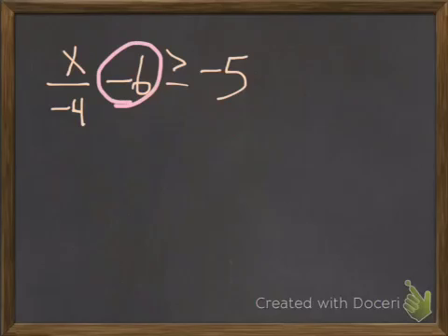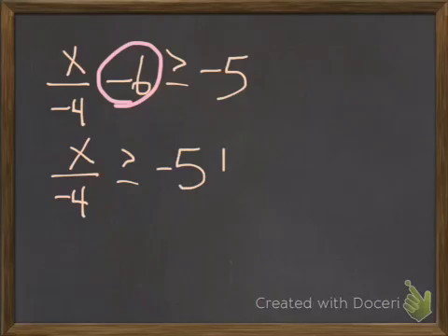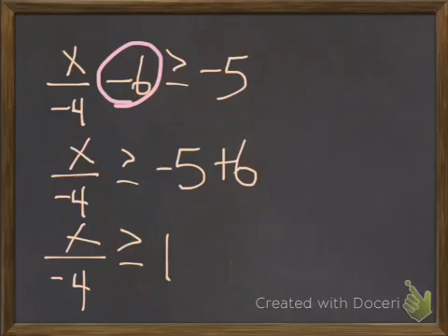So x divided by negative 4 minus 6 plus 6 gives me x divided by negative 4. My sign stays the same. Negative 5 plus 6 is what I have on the right side. Negative 5 plus 6 is 1, so x divided by negative 4 is greater than or equal to positive 1.